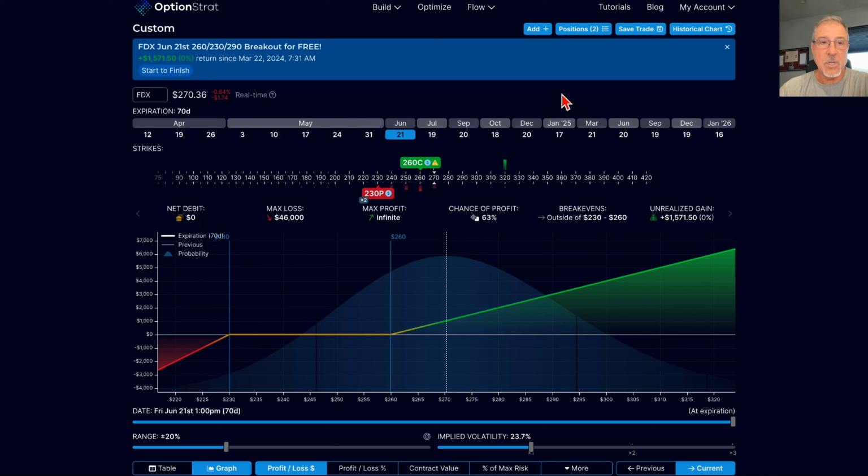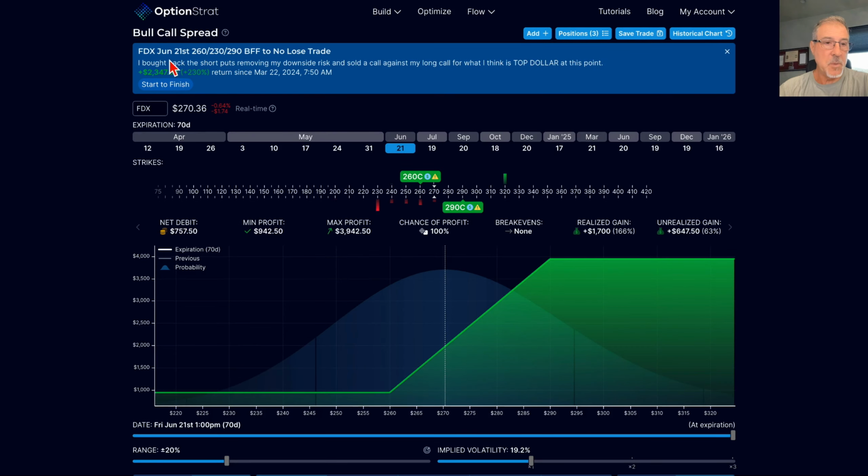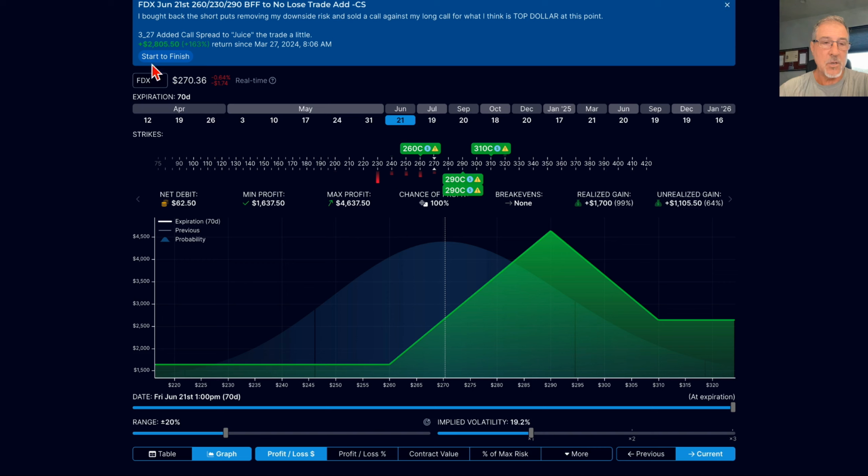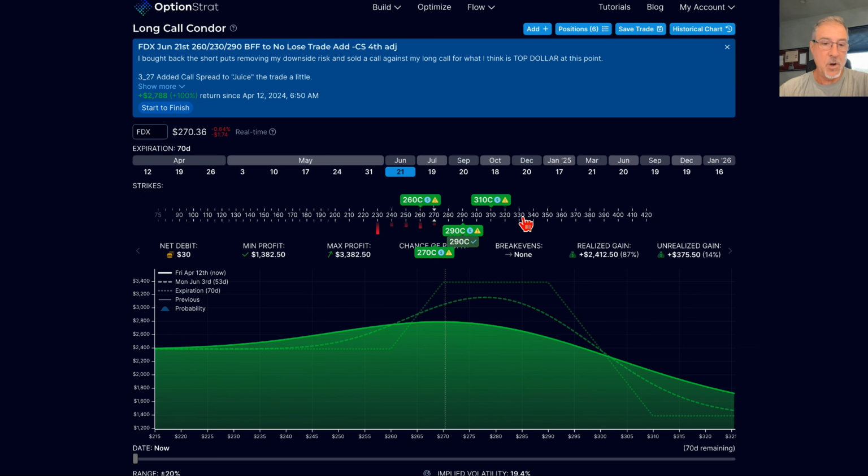But by making some adjustments when the market gave me the opportunity, adjustment number one would have put me at $2,300 right now. Adding in that second adjustment puts me at $2,800 right now. Adding in this third adjustment gives me a pretty good shot at ending this trade with about $3,300 or so in profit. And I've totally eliminated all risk of loss as I went along.